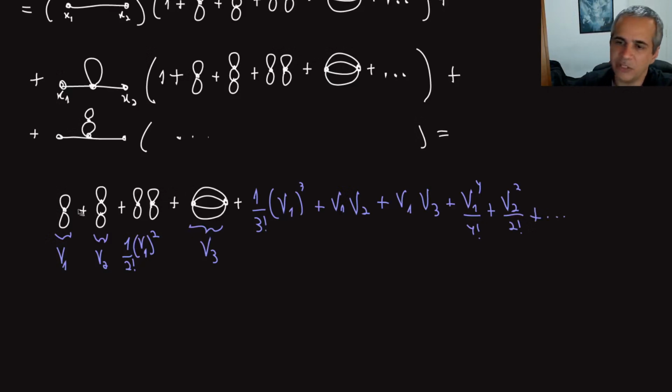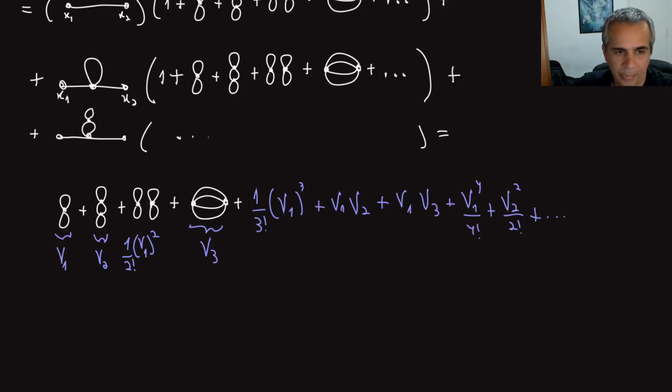Essentially, for each of these bubble diagrams, I have a series in V1, another one in V2, and another one in V3 that looks a lot like an exponential series, right? And I have some cross terms. But these cross terms can come from the product between these different series.